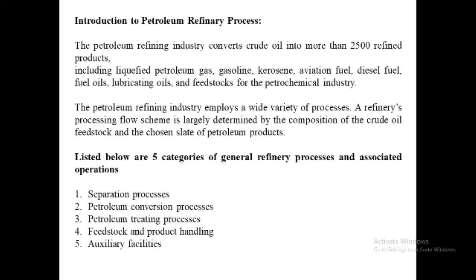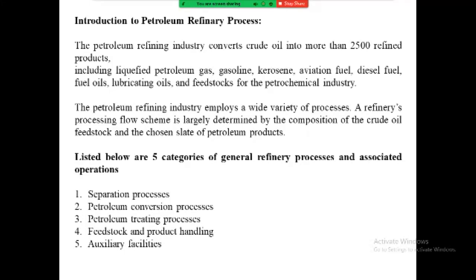Examples are the boiler, wastewater treatment facility, hydrogen plant, cooling towers, and sulfur recovery unit. The products from auxiliary facilities, such as clean water, steam, and process heat, are required by most process units throughout the refinery.